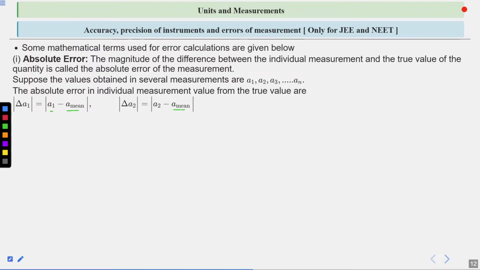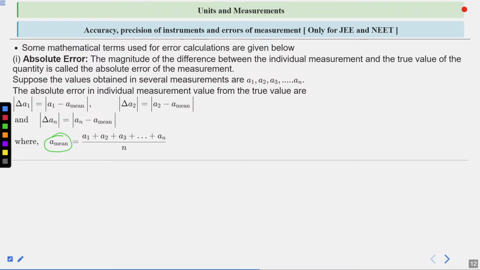So this shows the absolute error. And mode of delta AN is equal to mode of AN minus A mean, where A mean is equal to A1 plus A2 plus A3 plus so on up to AN divided by N.